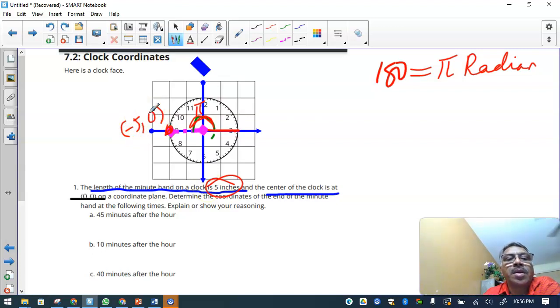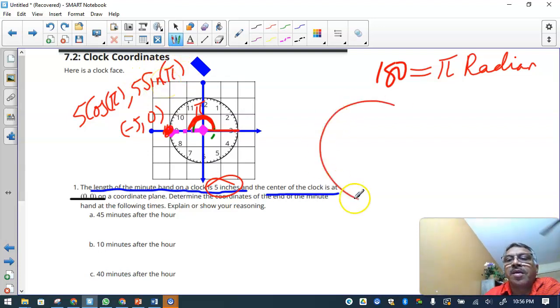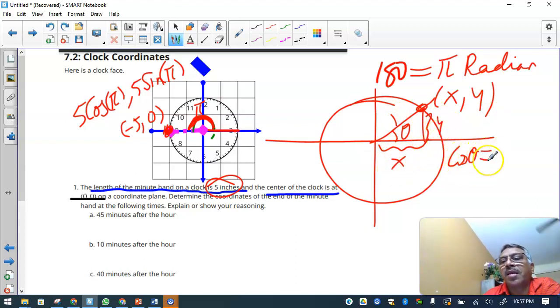What are the coordinates? But you could also write, because this angle is pi, 5 cosine of pi. This also is correct, and 5 sine of pi. Remember the trick: if this is the angle and that's the x, y, and this was 1, so this was x and this was y, so cosine of the angle is x.